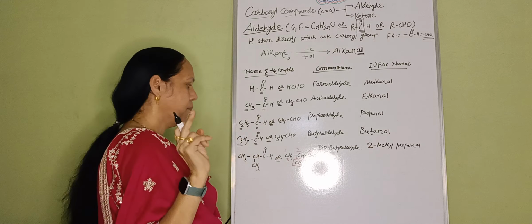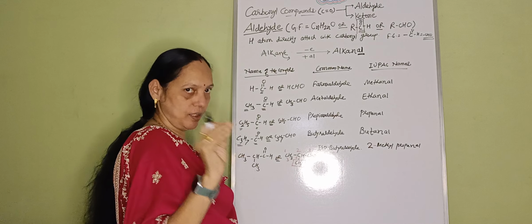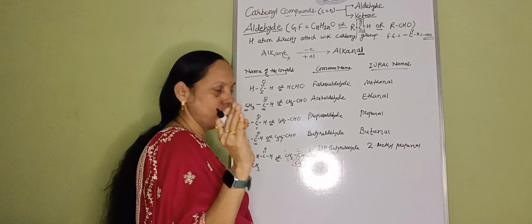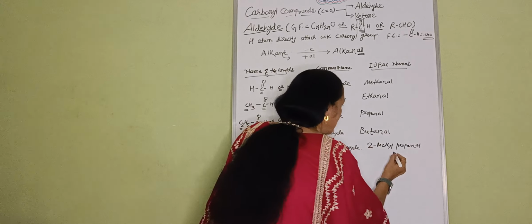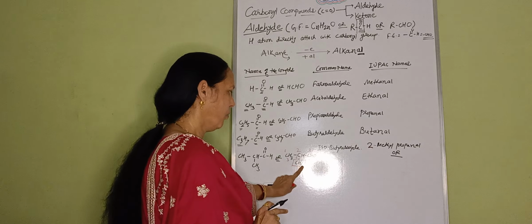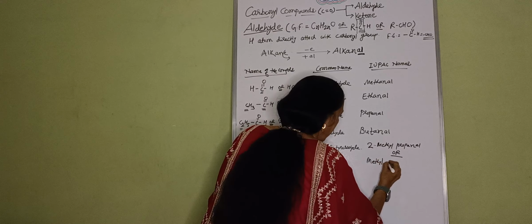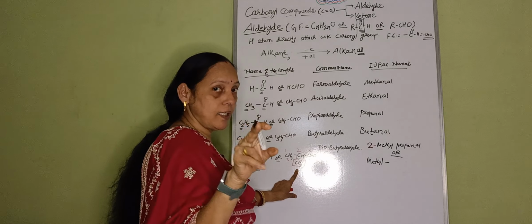So the name is 2-methyl propanal. But nowadays the nomenclature has again been changed a little, especially in the Maharashtra State Board book. Instead of the number 2 first, what do we need to write now? We need to write the name of the group. The name of the group is methyl. Which carbon is this methyl attached to?